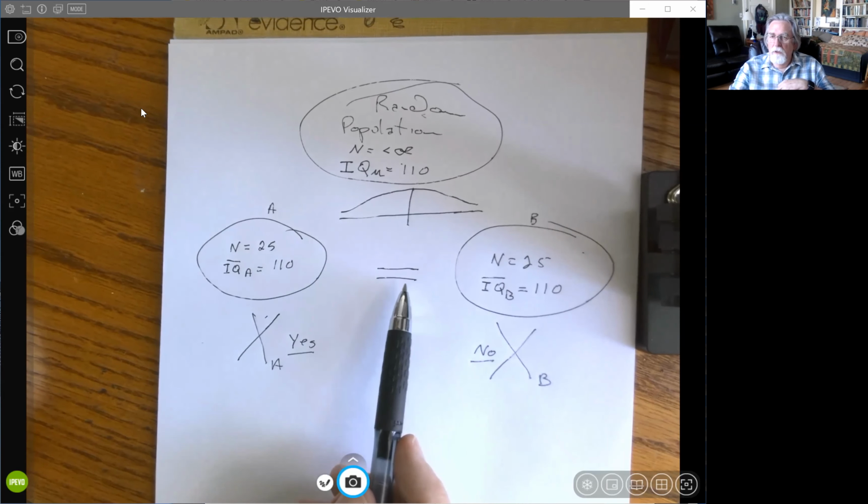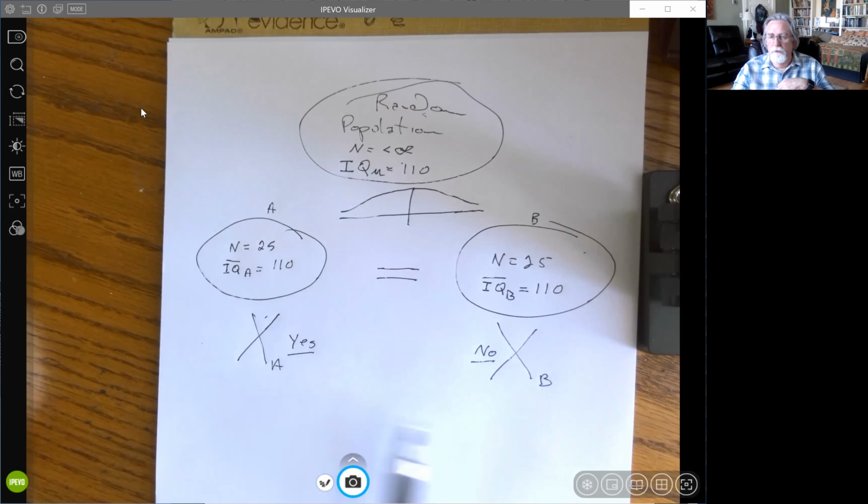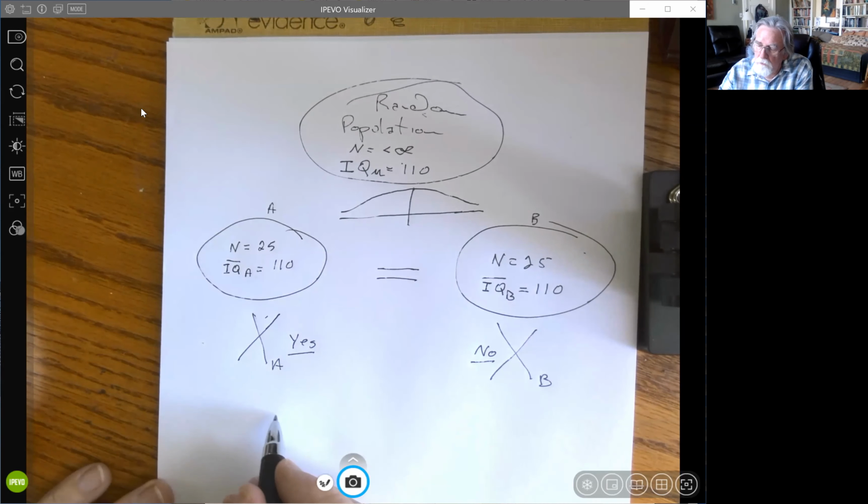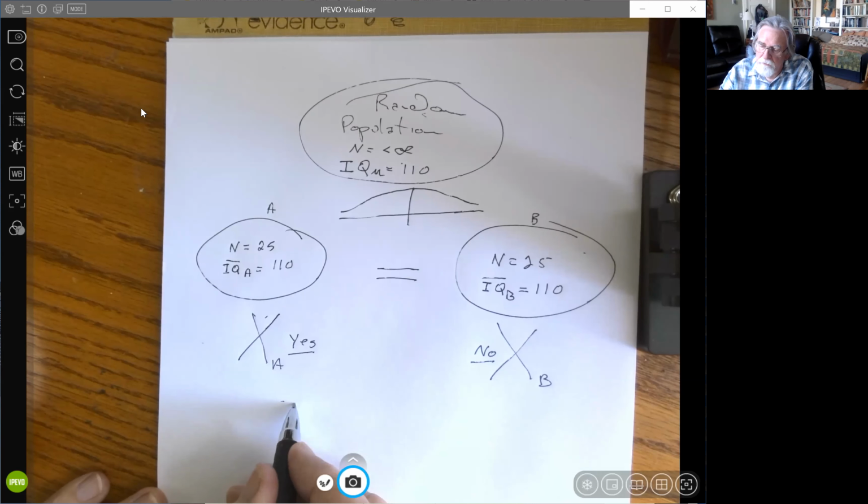And they were the same to begin with, and now we're going to do this for some period of time, and let's say we do this for 6 months. And so at the end of 6 months we come back and we measure folks in group A, because we hadn't done that yet.